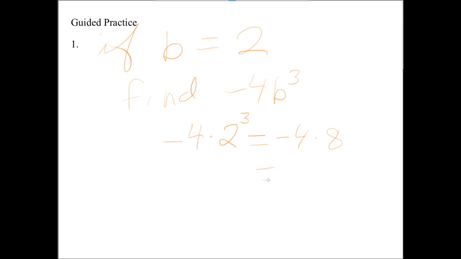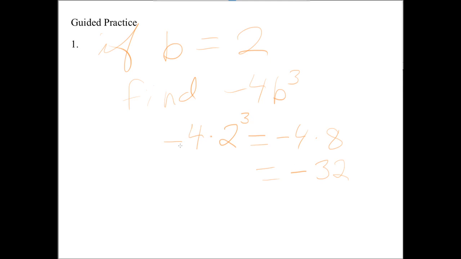And we have a -4 times 8, a negative times a positive is a negative. And so that's going to be a -32. So this is our first guided example using exponents, and we've got our first one done.